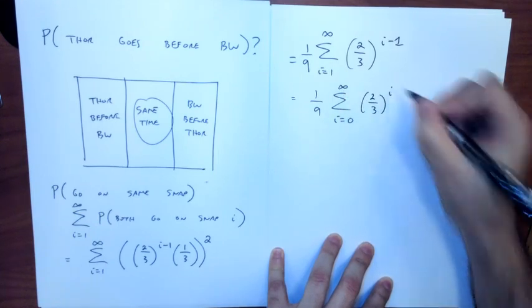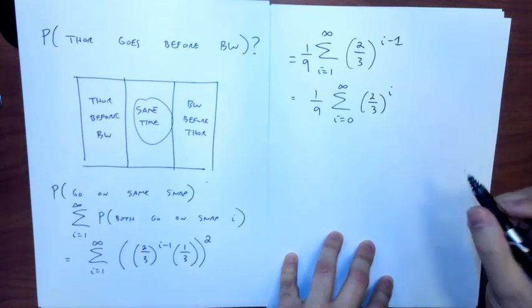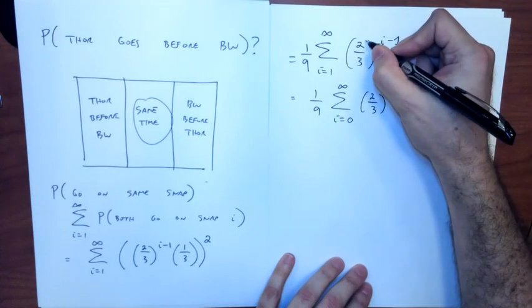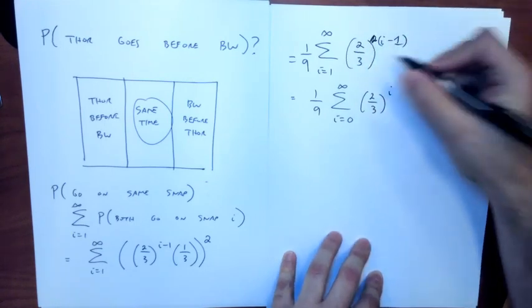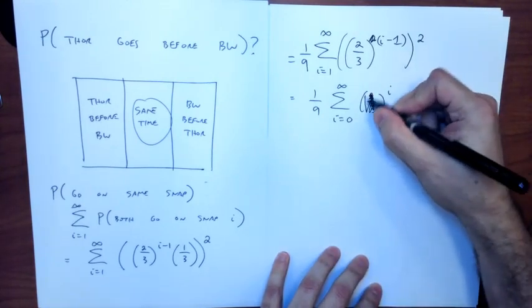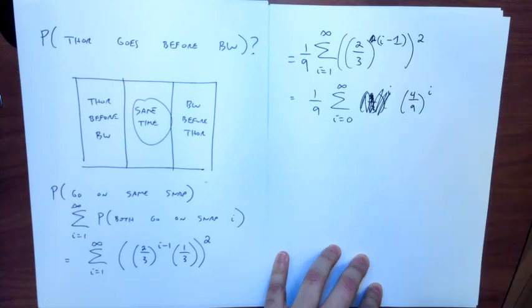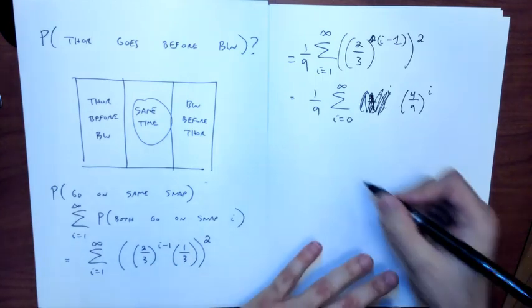This is your old friend, the geometric series. Oh, I'm sorry, this is (2/3) squared to the i, my mistake. Let me be clear here: it's (4/9)^i, because I've got (2/3) squared to the i minus 1, and I took the 1/9 out.